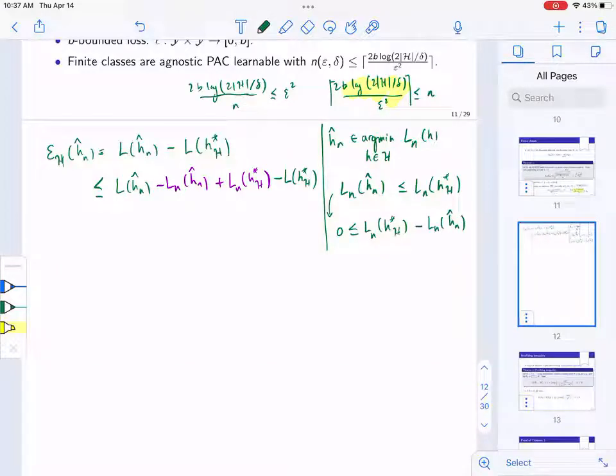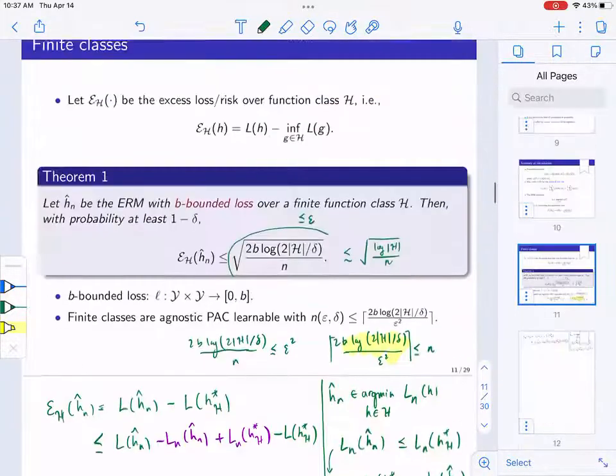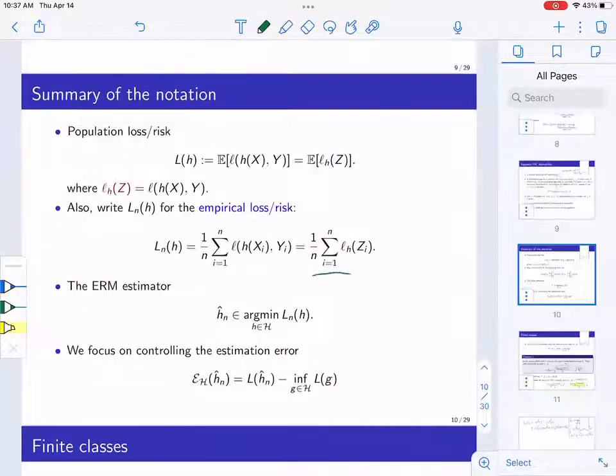So now what is the next step? The way I did this, I have created this deviation of L n minus L at this function, and also L n minus L at this function. L n is the empirical loss converging to the true loss pointwise. If you fix the h, this is going to be a set of IID random variables.